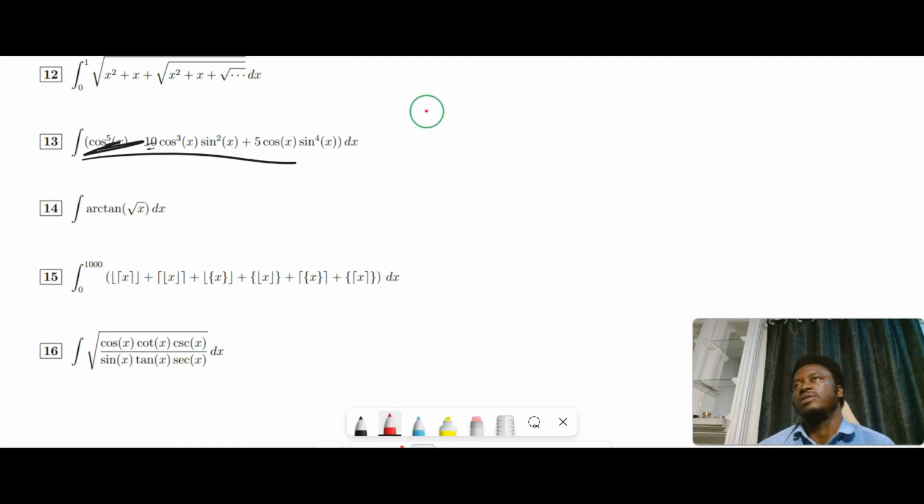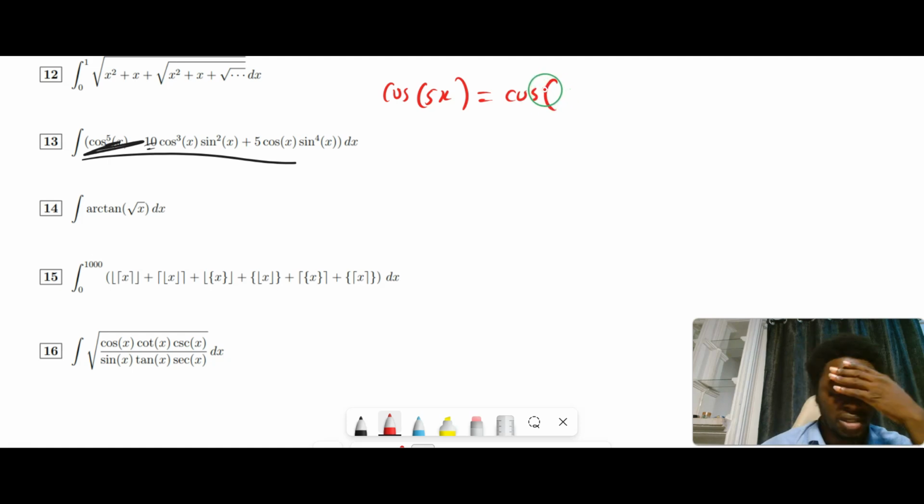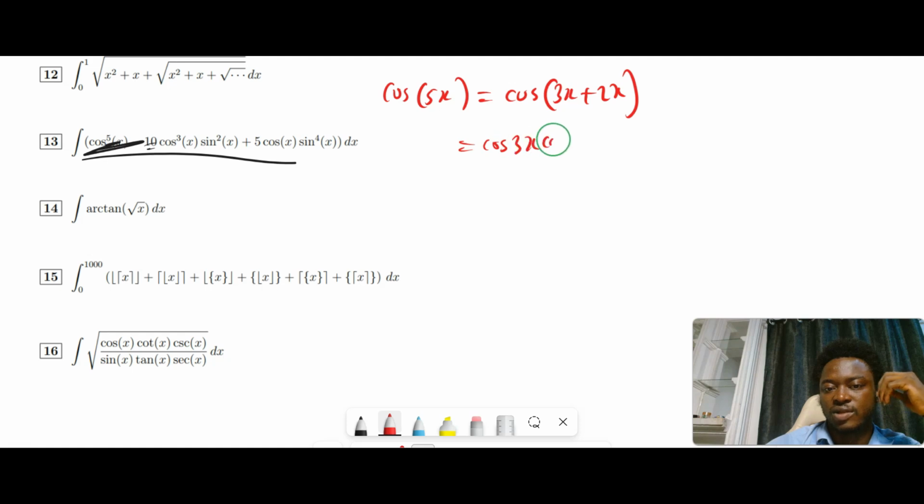What I will just do is I'll just say cosine of 5x is cosine of 3x plus 2x, which is cosine of 3x cosine of 2x minus sine of 3x sine of 2x.